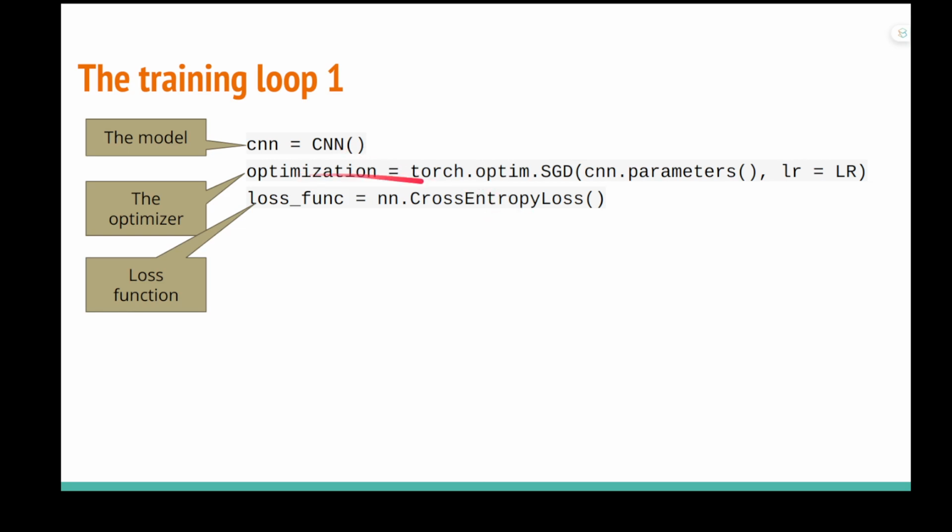And so we have a lot of optimizers. A lot of optimizers have been implemented inside the PyTorch framework. The SGD, the stochastic gradient descent, is one of them. And this is the simplest one here.